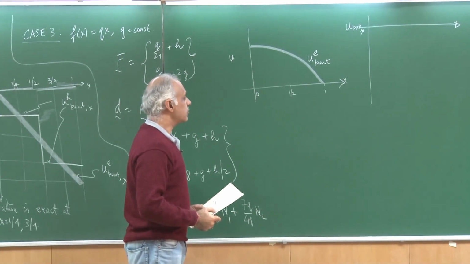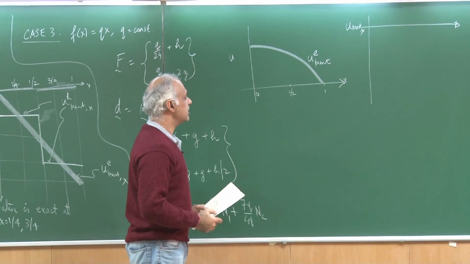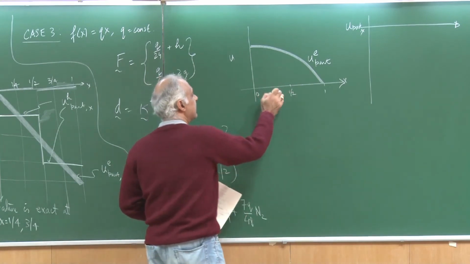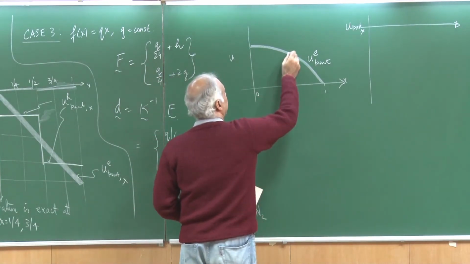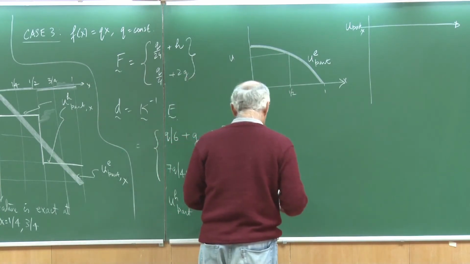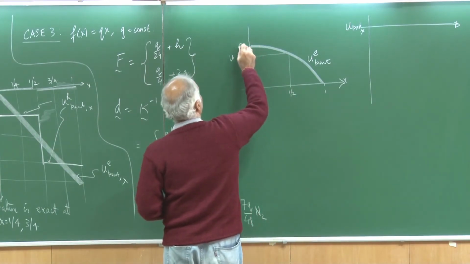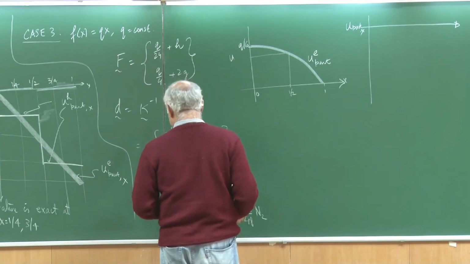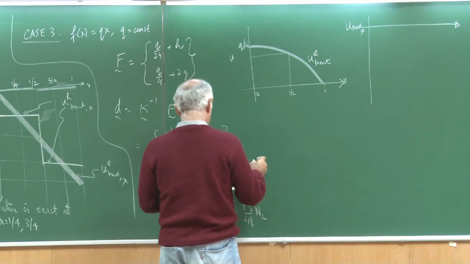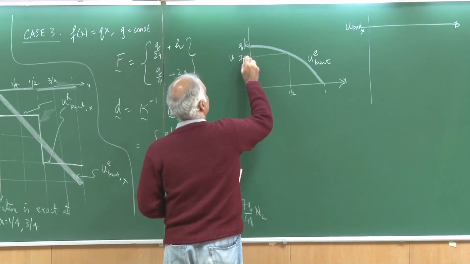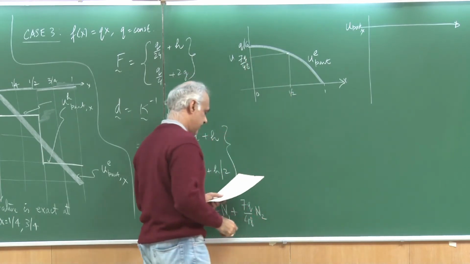If I try to superimpose on this the numerical solution, that would be piecewise linear, and what we would find is that this value turns out to be q by 6, and this value over here turns out to be 7q by 48.